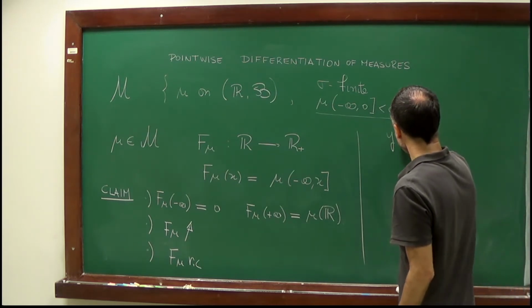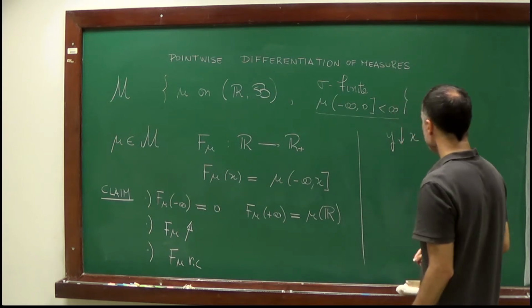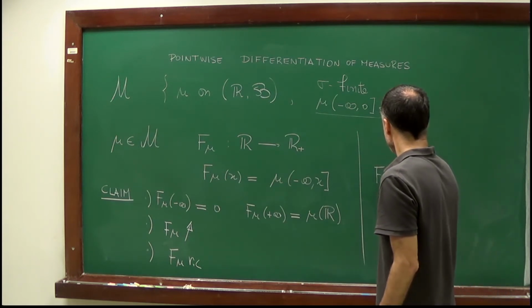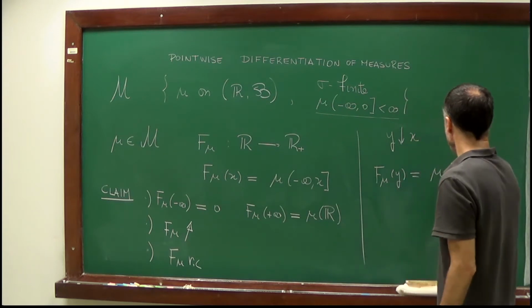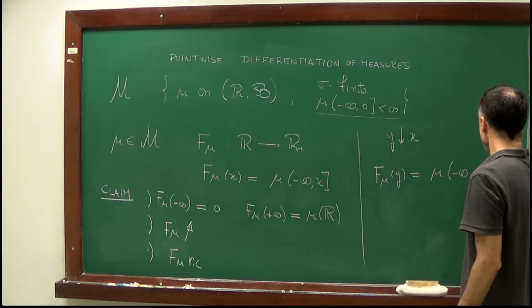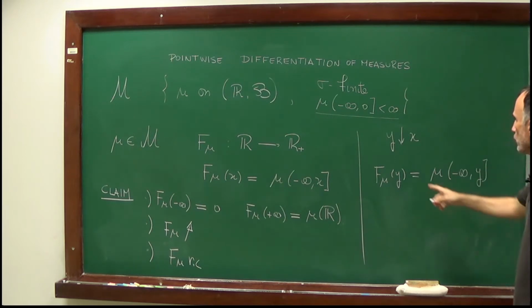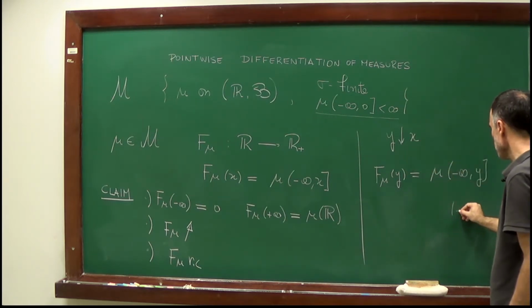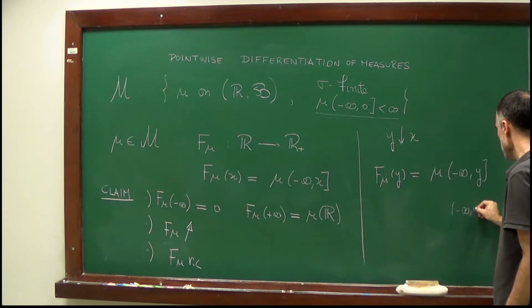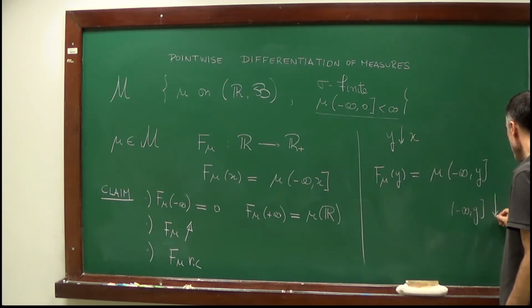So let me take y decreasing to x. f_mu of y is mu of minus infinity to y. So if y is decreasing to x, this set is decreasing to minus infinity to x.